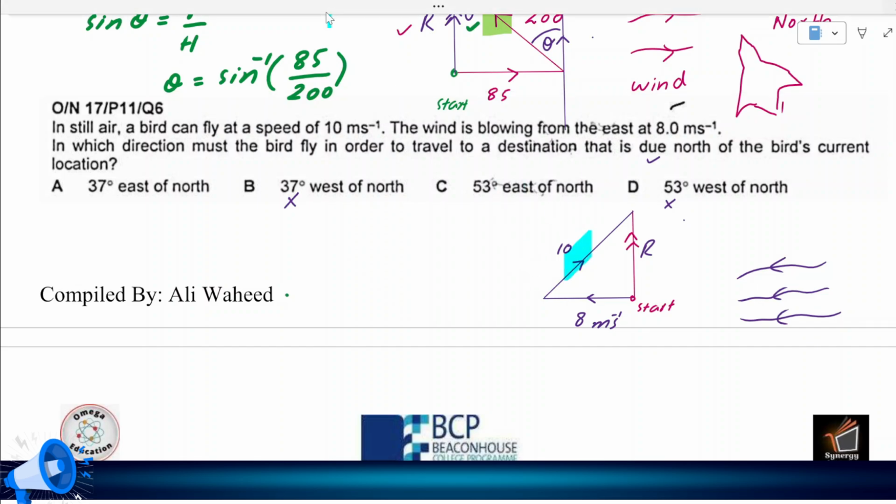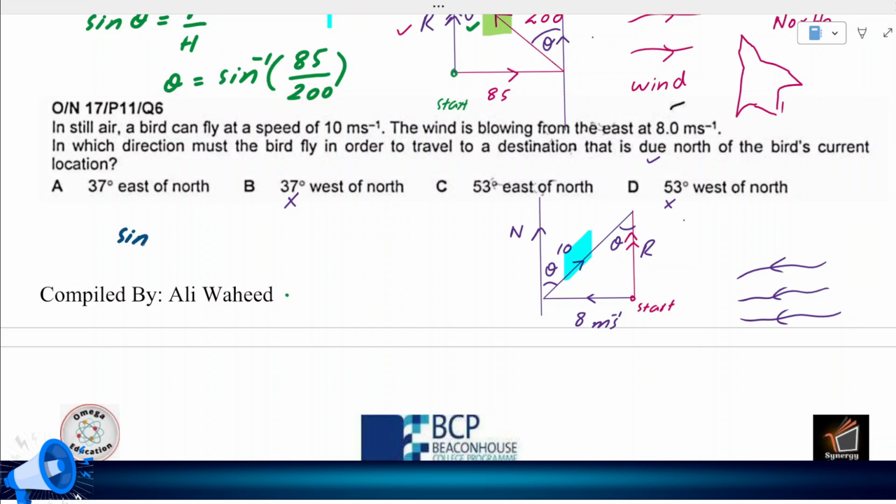Now you need to find the angle of this vector with respect to north. So I can draw north here, just like we do in the bearings. So this angle needs to be found out, or alternatively this angle needs to be found out because these two are alternate angles, mathematically they are the same.